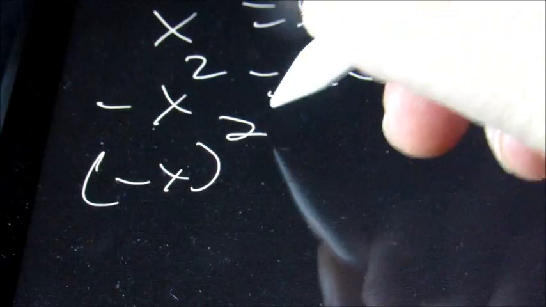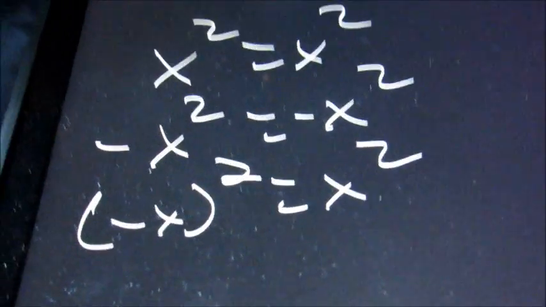Alright, so let's say I'm going to go back to some squares and exponents. So x squared just equals x squared. Negative x squared equals negative x squared. And then in parentheses, negative x, that whole thing squared, equals x squared.